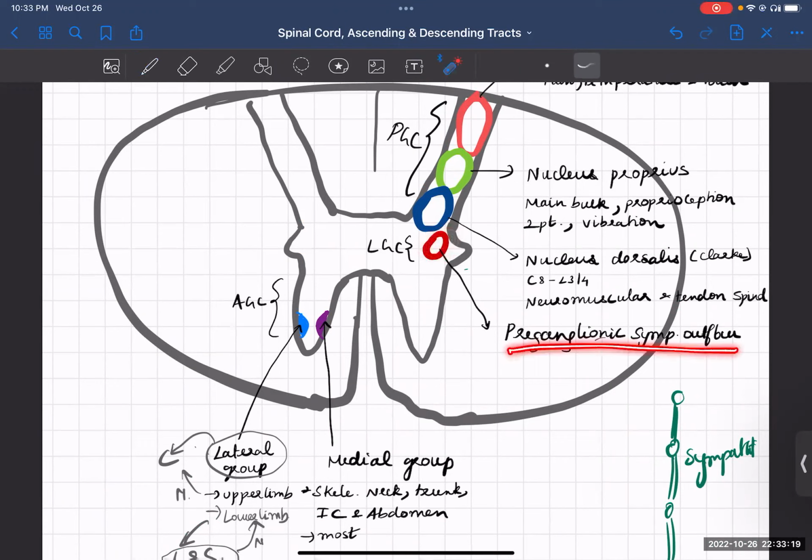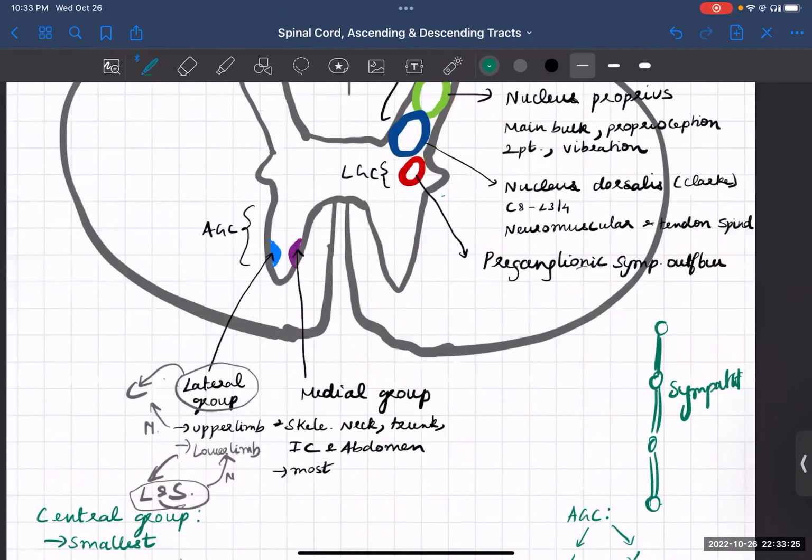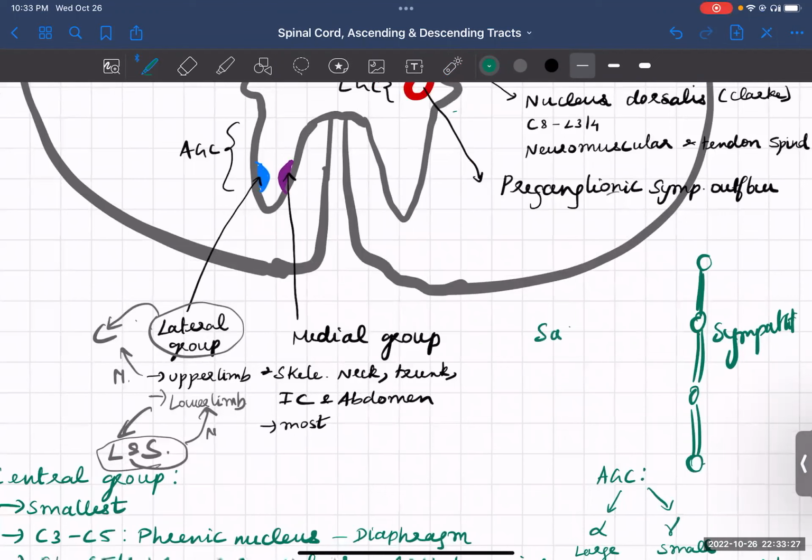Another fact to remember is at the sacral levels, your lateral gray column has preganglionic parasympathetic outflow.